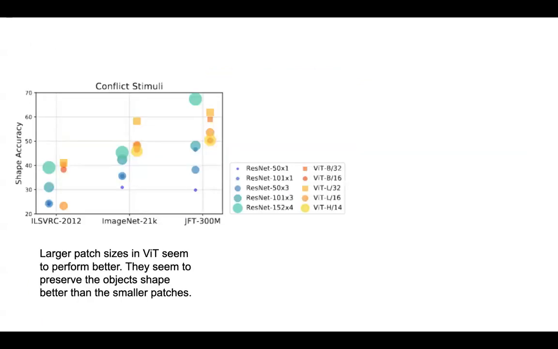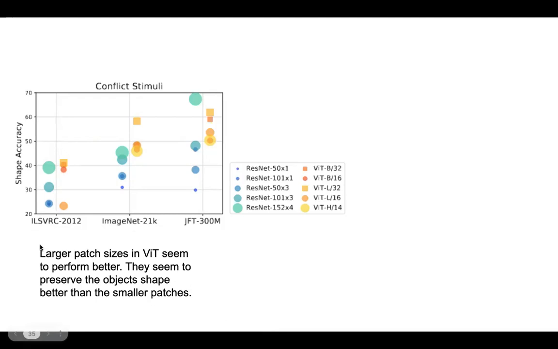So how do these two models perform on this neural style transfer data set? We see that larger patch sizes in ViT seem to perform much better. They seem to preserve the shape better than the ViT that uses smaller patches. It's very contrary to what we have seen before.